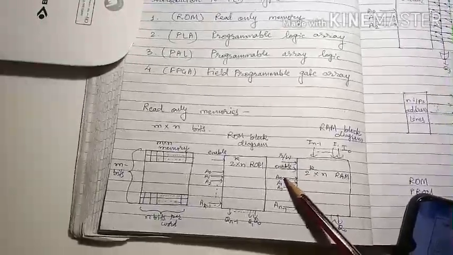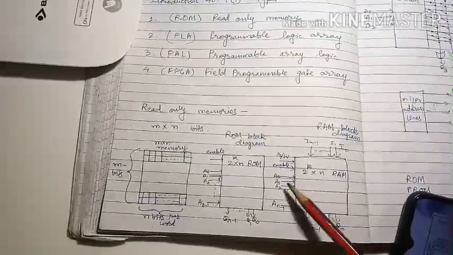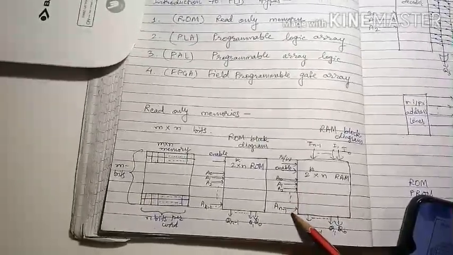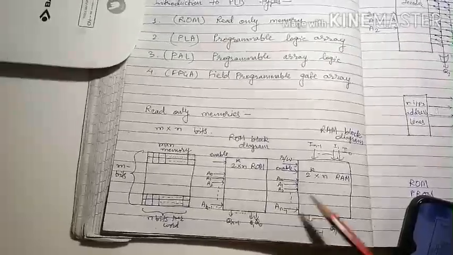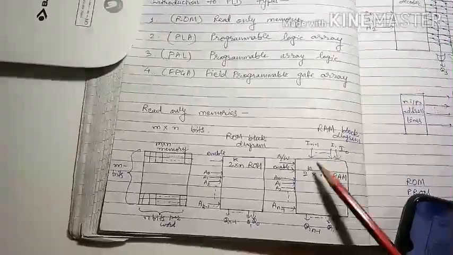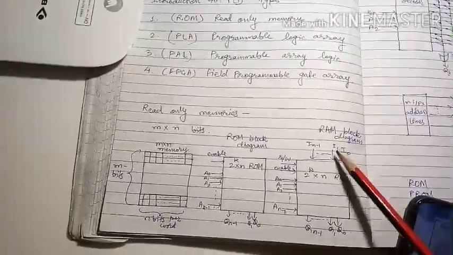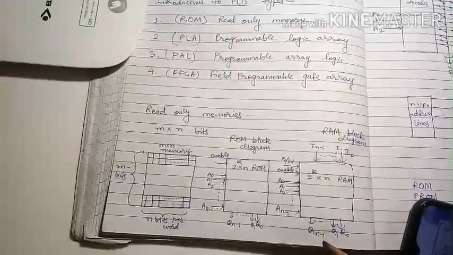So these are the input lines, these are the output lines. A0 to A k minus 1 are the address lines, and I0 to I n minus 1 are the data inputs. N bits can be written, can be read.